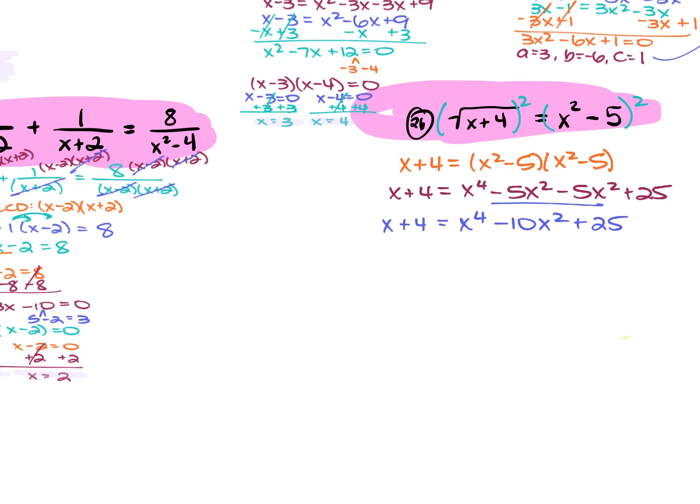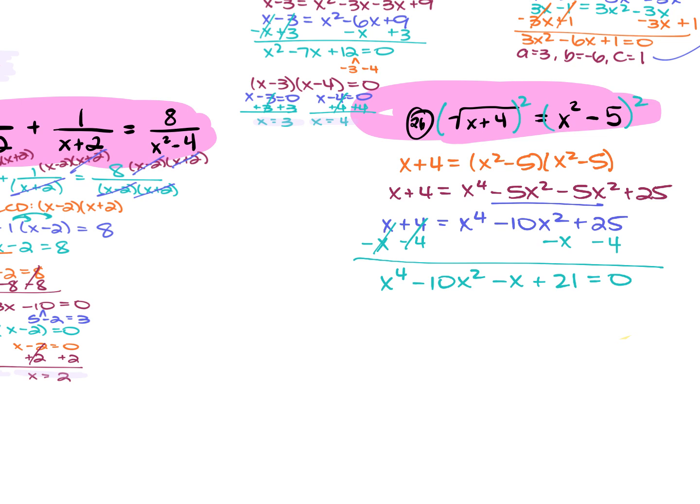From here, move the x over, move the 4 over. So if we move the x over, we subtract it from each side. If we move the 4 over, we subtract that from each side. We do not have an x on that right side, so it's going to become x to the 4th power minus 10x squared minus x plus 21 is equal to 0.